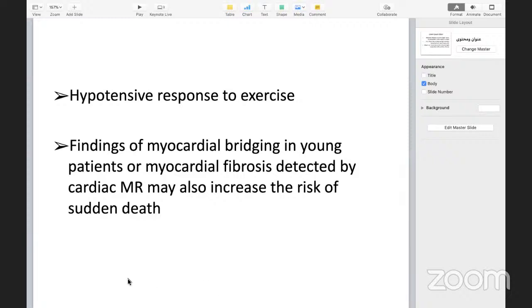Also, I've read from the book that a hypotensive response to exercise is an indication for ICD insertion, and findings of myocardial bridging in young patients or myocardial fibrosis detected on MRI may also increase the risk of sudden cardiac death, so you have to put an ICD for them.